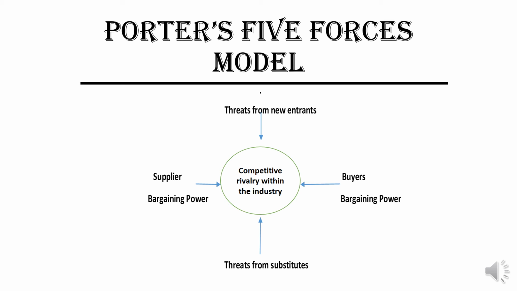Now, these are forces that are external to the industry. But what about in the industry? There is also a force, the competitive rivalry within the industry. In this industry, we have many companies, and all these companies are fighting for profits in the limited market that they are sharing.